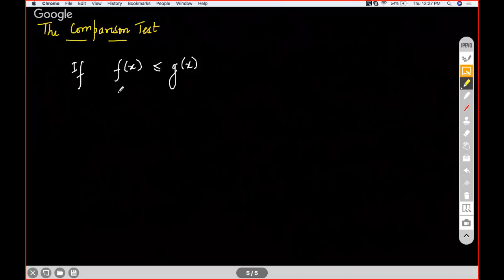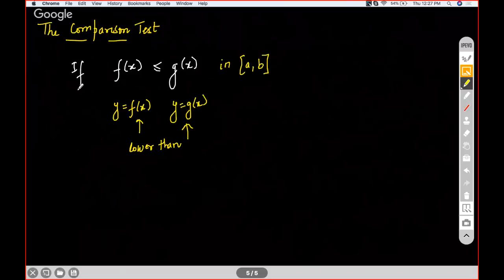It means when you graph these functions, this graph is lower than this graph, in a given interval, let's say a to b.